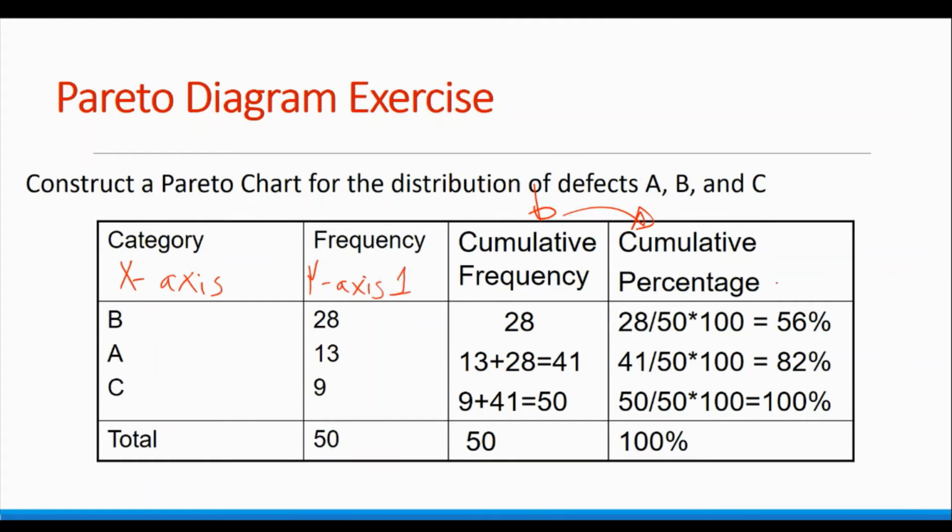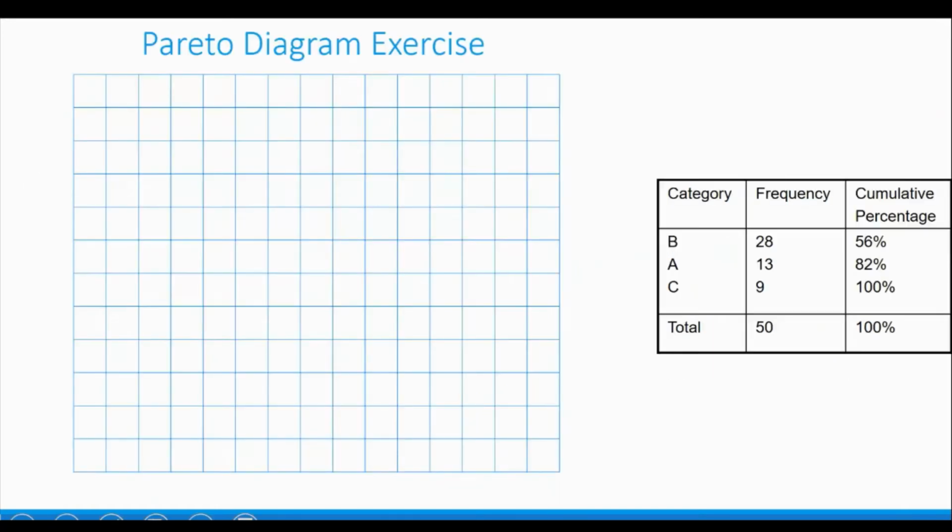Okay, and cumulative percentage is the second y-axis. I'm going to call this y-axis 2. But this column here, we do in order to calculate cumulative percentage, do not graph it. It's not part of our diagram directly. We do it so that we can calculate cumulative percentage. Okay, with all our information now neatly done, we get to graph it. As I mentioned, categories here is your x-axis.